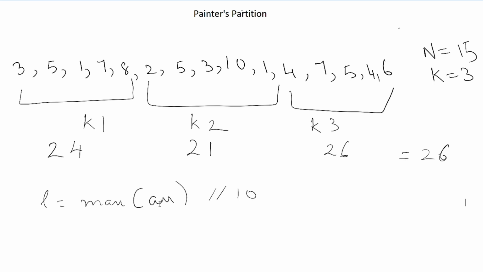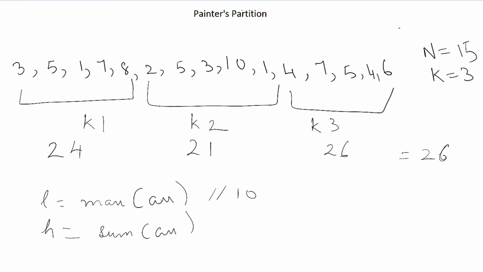So our low will be the max of all the elements in the array, and our high will be the sum of all elements in the array. Since if there is only one worker, let's say k was 1, then he will be doing all the work.